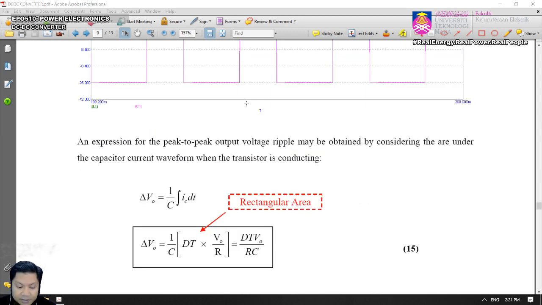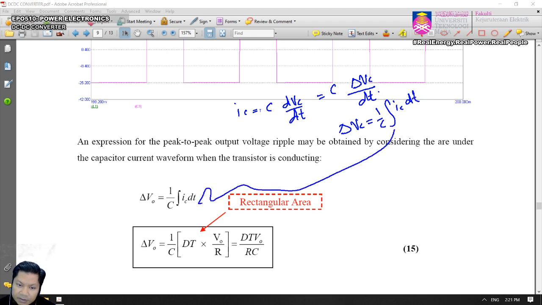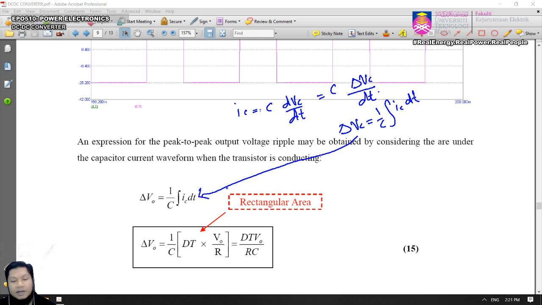Before this, we have IC equals to C dVc over dt, and then that equals to delta Vc divided by dt. So you cross multiply, therefore you have delta Vc equals to integrate 1 over C IC dt, isn't it? So that gave me that equation there. Right, delta V naught equals 1 over C integrate IC dt.